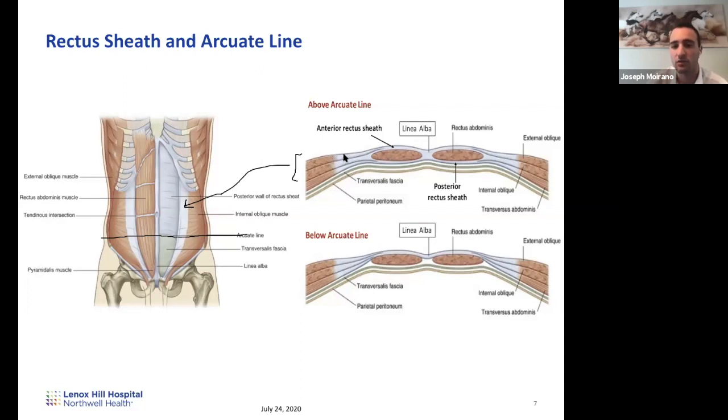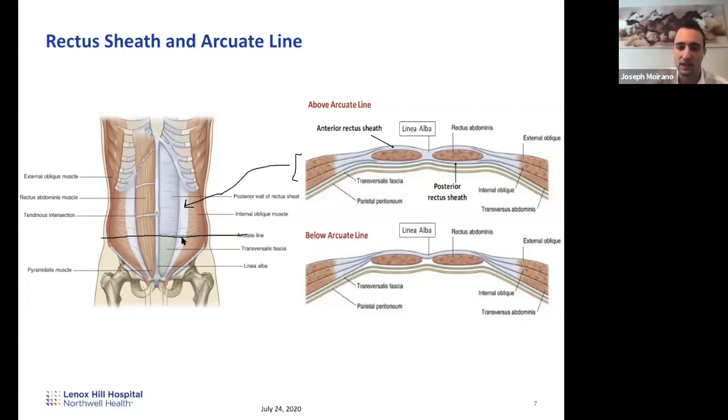And then the external oblique fascia is going to be going fully above the rectus abdominis. And then the transversus abdominis fascia is going to be going below the rectus abdominis. And then it's important to remember that we also have the transversalis fascia as well. And no matter what, that's always going to end up going underneath the rectus abdominis muscle.